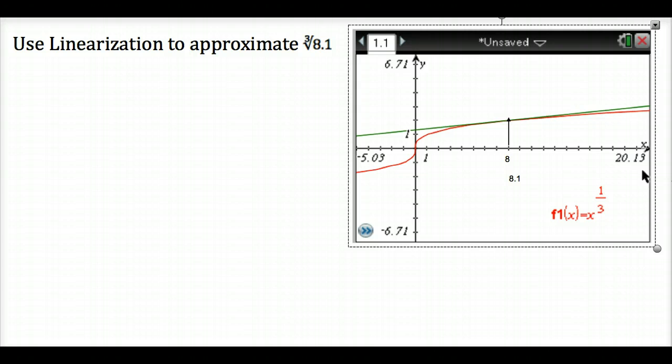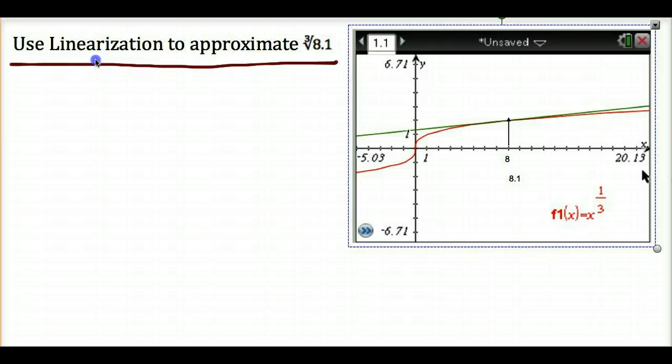So I have a problem posted here, and we are going to use linearization to approximate the cube root of 8.1. If you look at the picture I have posted over here, you'll see that the red is the cube root of x, and the green line is the tangent line to this cube root function at the point 8.